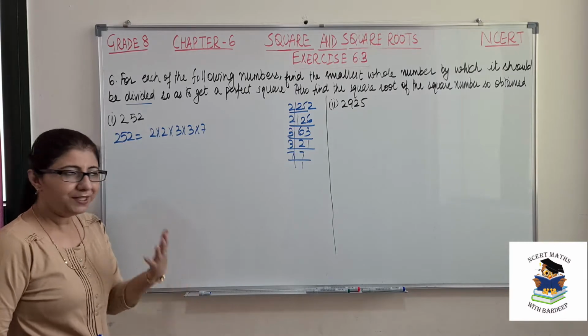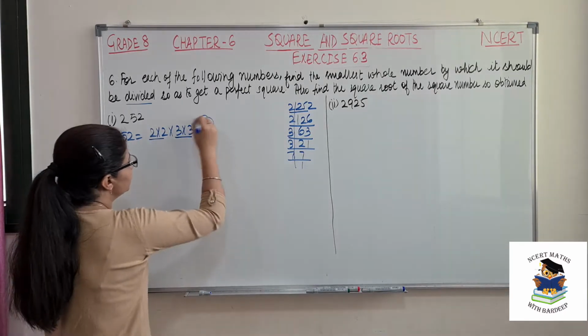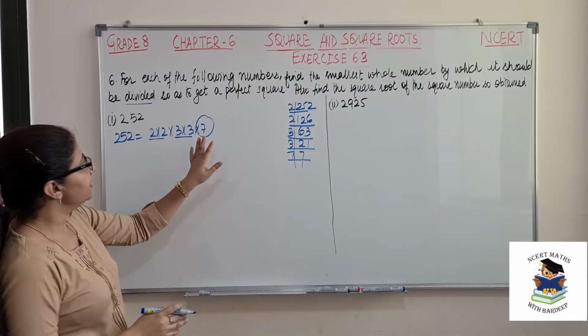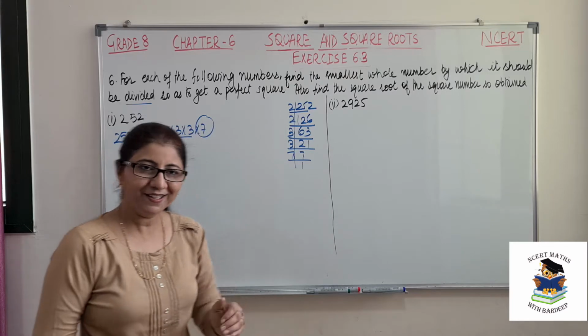So the second step is pairing. So this is in pair, but this is not in pair. Since 7 is not in pair, we will divide our given number by 7.